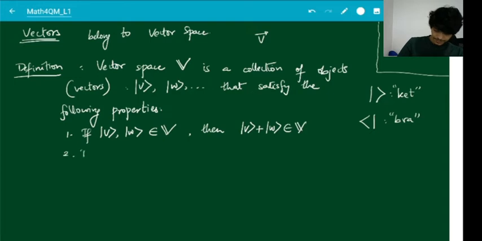Second thing, if V is a vector in the vector space, then even if I multiply this by some scalar quantity, this also belongs to the vector space.